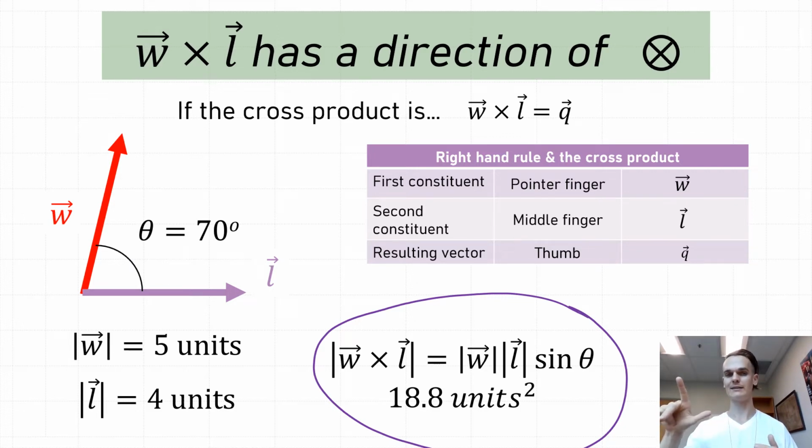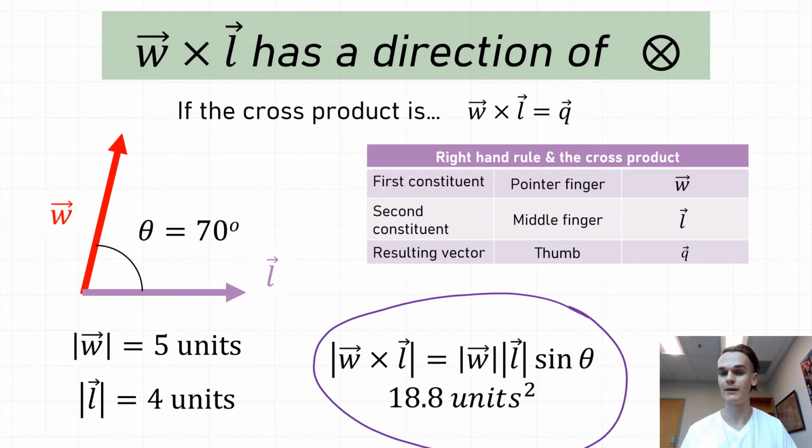So we place our pointer finger in the direction of vector W, and we place our middle finger in the direction of vector L, so something like this. And we see that our thumb is pointing into the board. So vector W on our pointer finger, vector L on our middle finger, and our thumb represents the direction of vector Q, and that is pointing into the board.